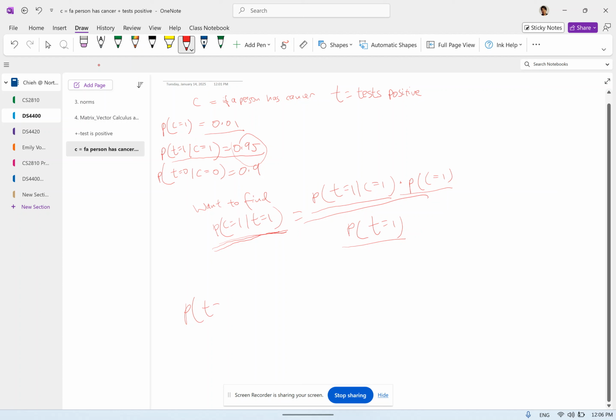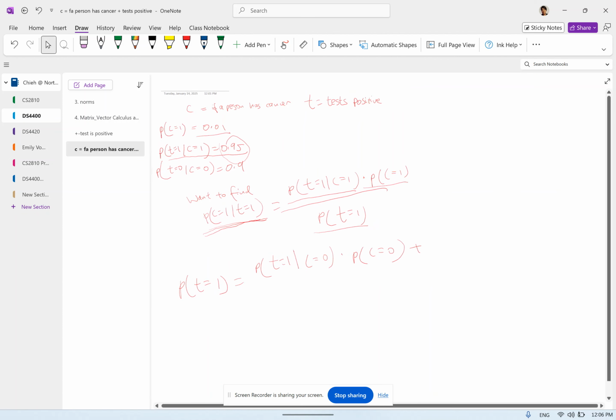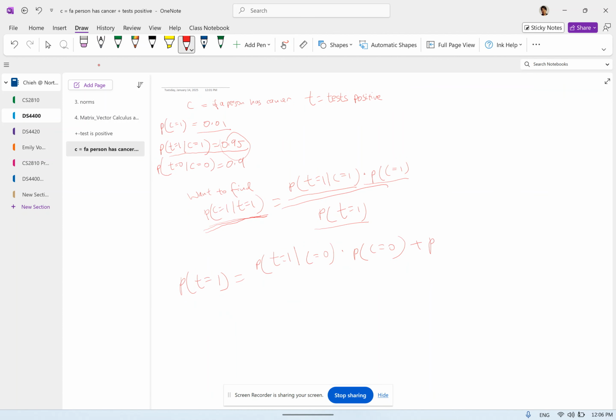because the probability of T equals 1 is equal to the probability of T equals 1 given C equals 0 times the probability of C equals 0, plus the probability of T equals 1 given C equals 1 times the probability of C equals 1, right?